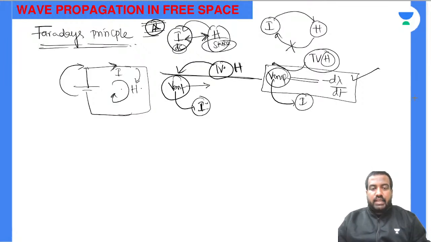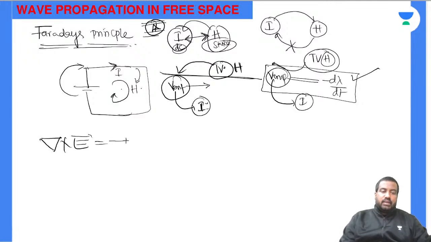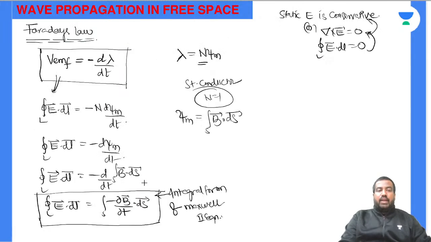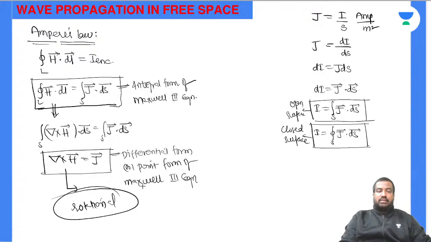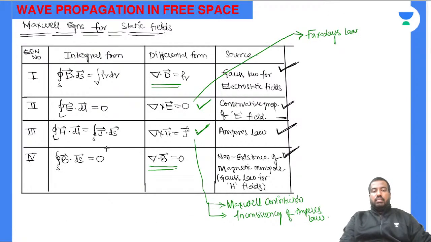Now, the second phenomenon is this equation. This equation says that del cross E is minus ∂B by ∂t. You can see that there is a relation between electric field and magnetic field, which was not available in static fields. If you see static fields, they are all independent.